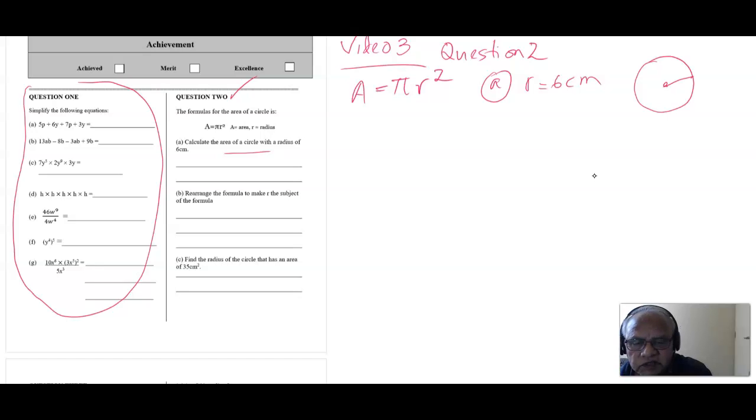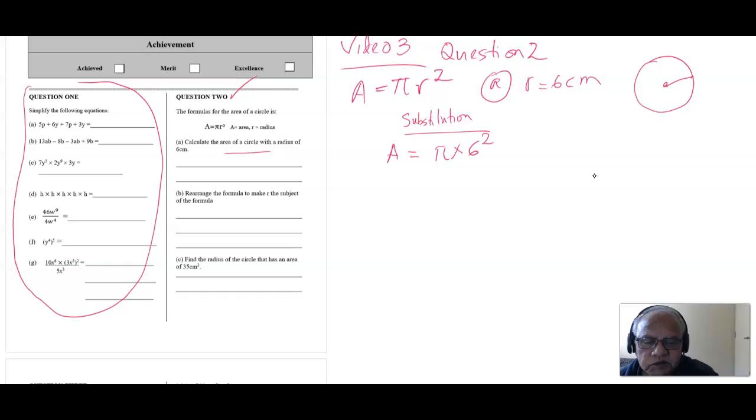It's a question of substitution. That's the skill in algebra. We have learned that. So I'm going to write the next step: area equals pi times 6 squared. Got to be careful with the squared because that's going to make some difference, isn't it?